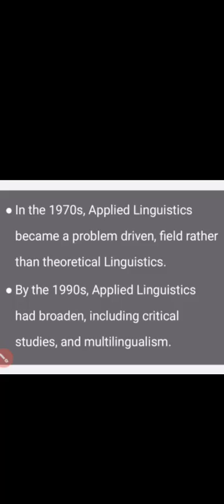By the 1990s, applied linguistics had broadened, including critical studies and multilingualism.